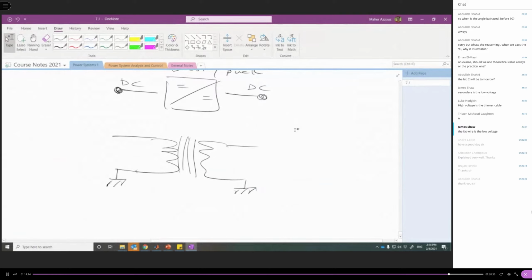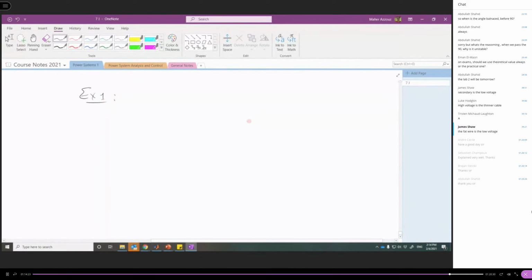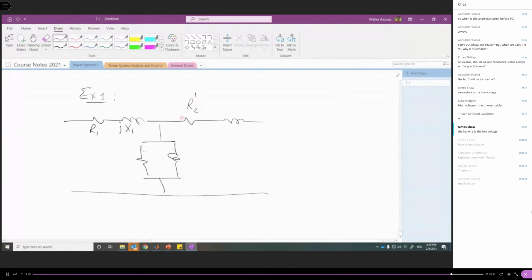Okay, so this is the first example, example number 1. We have the exact model like this. This is R1, JX1, R2 should be dash, because now we are trying to get the primary voltage, so it is better to refer everything to the primary side.